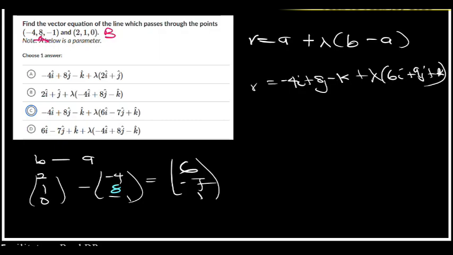In that instance, we'll have minus 7j. So let's do that correction here. Minus 7j. Good. So the correct answer will be the C.